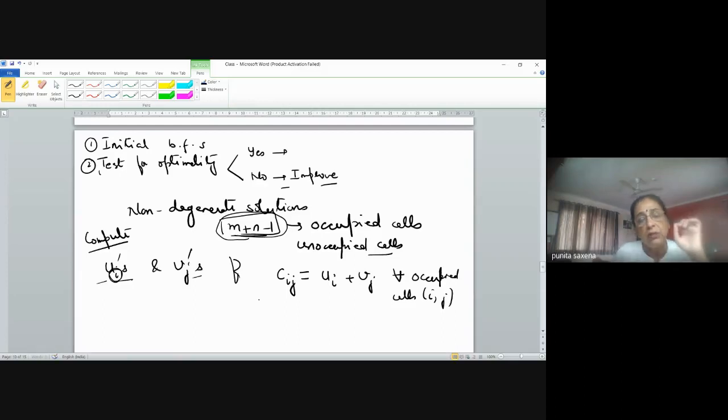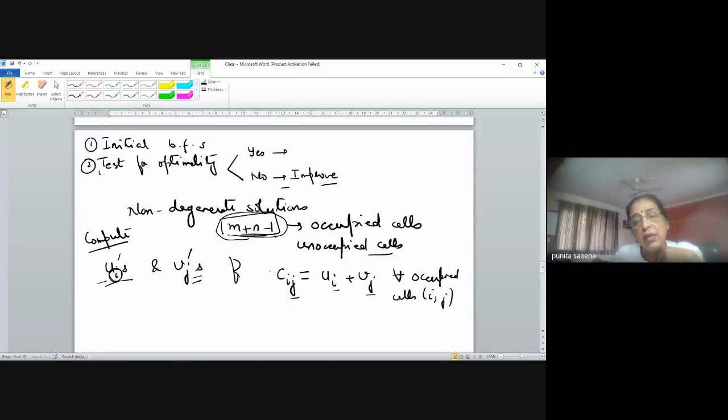So this amounts to saying that if cell 11 is your occupied cell, then C11, the per unit cost of transportation, right, will be equal to U1 plus V1. But the question is that the occupied cells are m plus n minus 1 in number, while you have m U's and n V's to be computed.